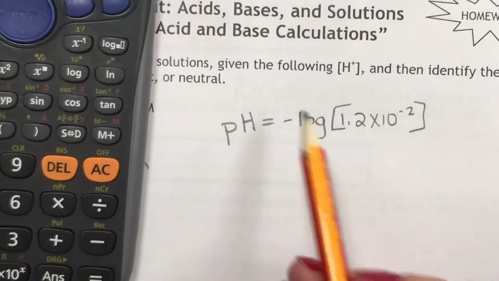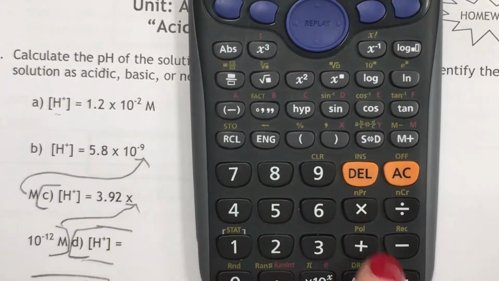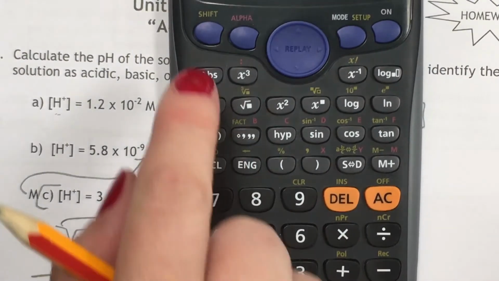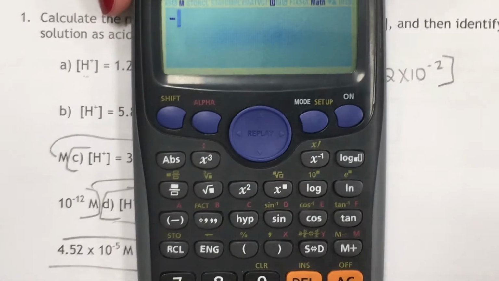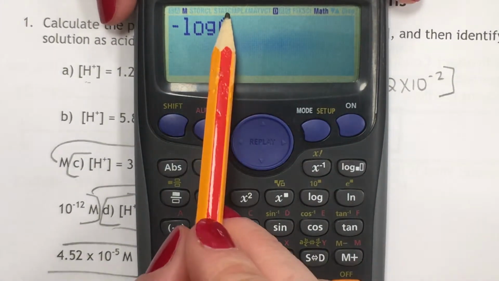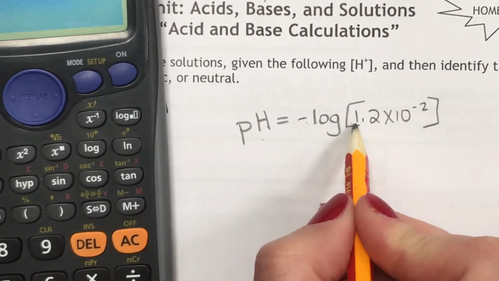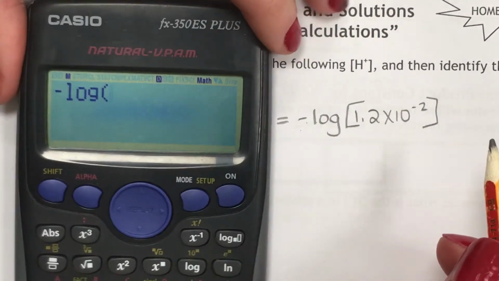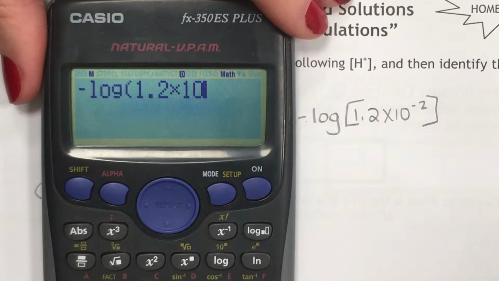All right, so how you type that into the calculator, you type in negative sign. So find your negative sign. It's not the minus sign, okay? Negative is right here. So you type that in. Okay, so the negative log, and log is right here, so negative log, and it should open up a parentheses. If it doesn't, open one. And then you just type this number in. So 1.2 times 10, and I don't know how you do your exponents, okay?